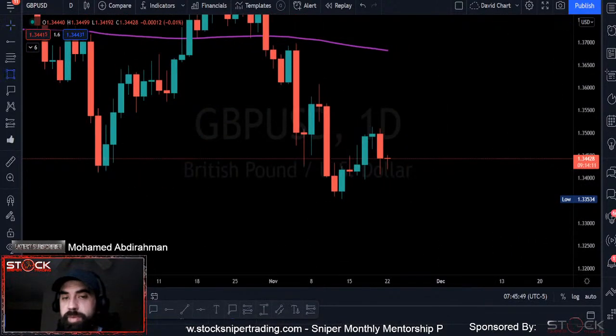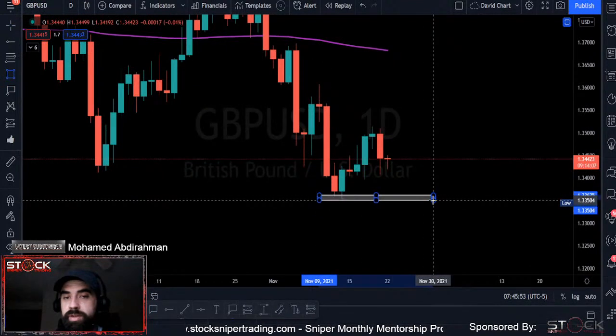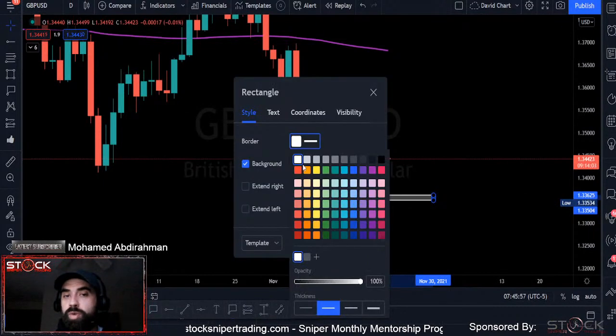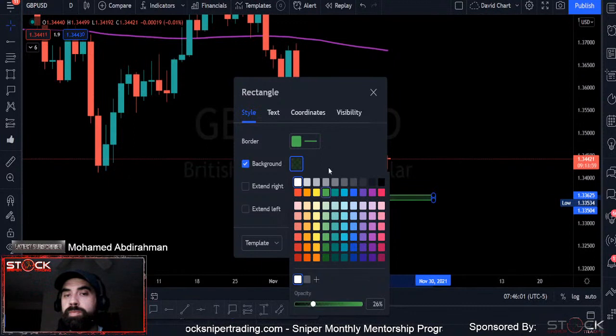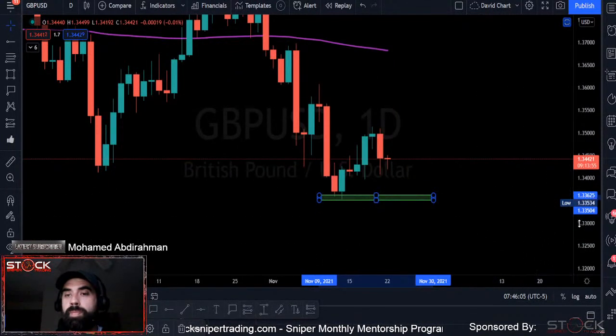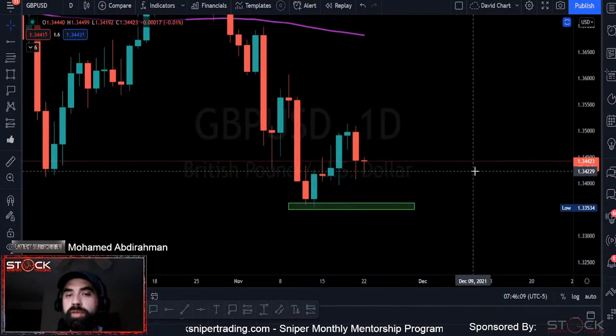What are your guys' thoughts on GBP USD? Do you guys think bullish or bearish based on what we've seen in the last little bit, based on Tokyo session, based on London session so far? What do you guys think? Okay, we have a little bit of both. We have bullish and bearish.